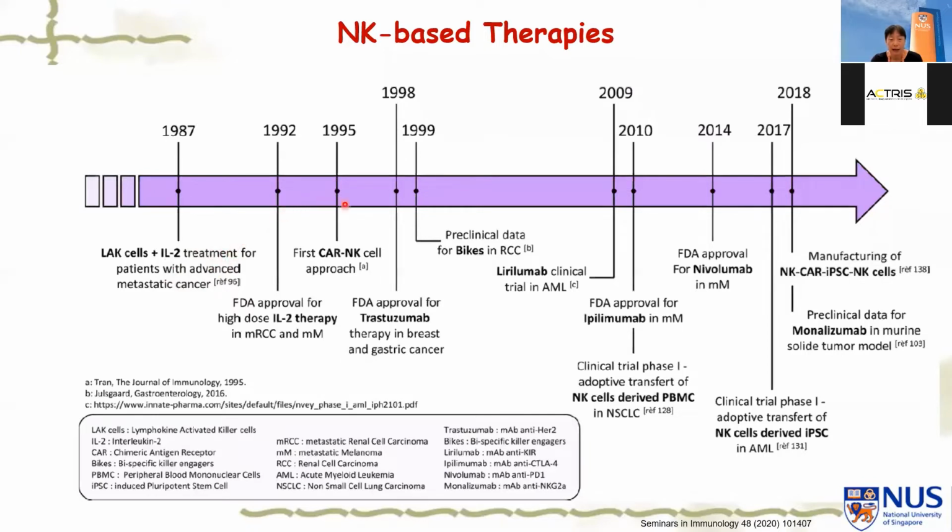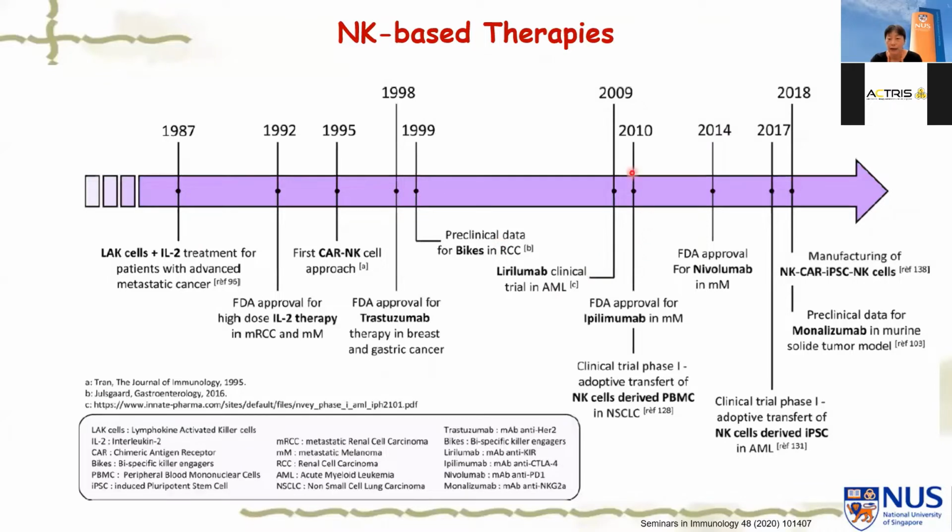And then later on, in the 90s, Prof. Dario Cabana is the one that pioneered in that area using CAR NK cells and had a lot of successes in leukemia and lymphoma. And then in the late 90s, there were ideas of using bispecific killer engagers, the BiKEs, trying to engage NK cells better in cancer therapy.